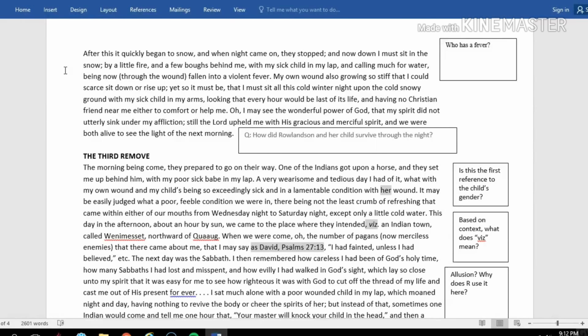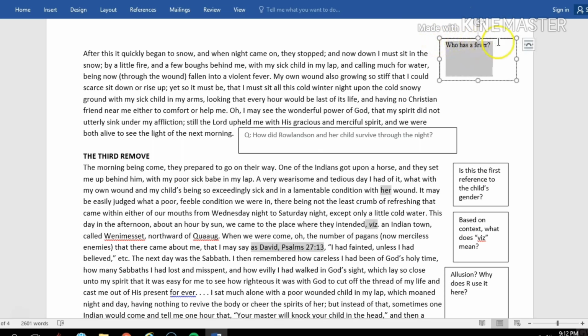Yet so it must be that I must sit all this cold winter night upon the cold snowy ground with my sick child in my arms, looking that every hour would be last of its life, and having no Christian friend near me either to comfort or to help me. Oh, I may see the wonderful power of God, that my spirit did not utterly sink under my affliction. Still the Lord upheld me with his gracious and merciful spirit, and we were both alive to see the light the next morning.